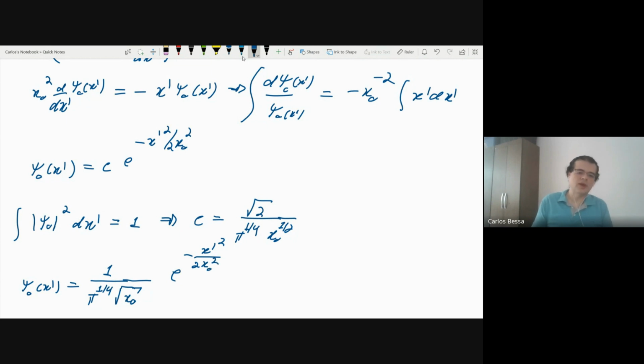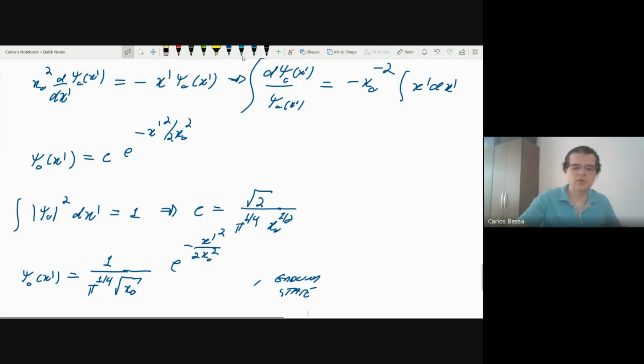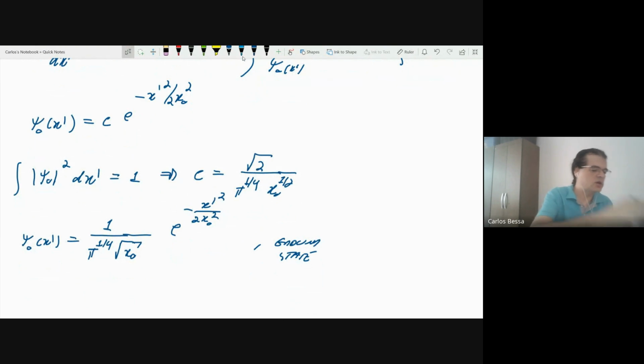So this is the psi 0. This is for the ground state. I think we need to do the things quicker.